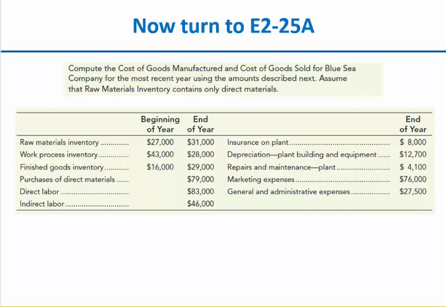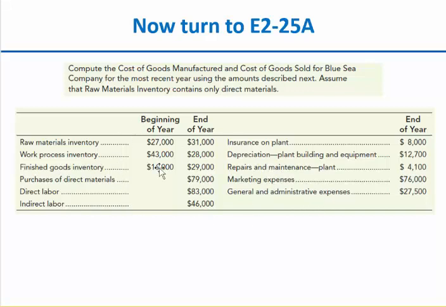In this question, we have three inventory accounts: raw materials inventory, work in process, and finished goods inventory. Then we have some other accounts like purchase of direct materials, labor, indirect labor, insurance on plant, depreciation, repairs, maintenance, marketing expenses, and general and administrative expenses.